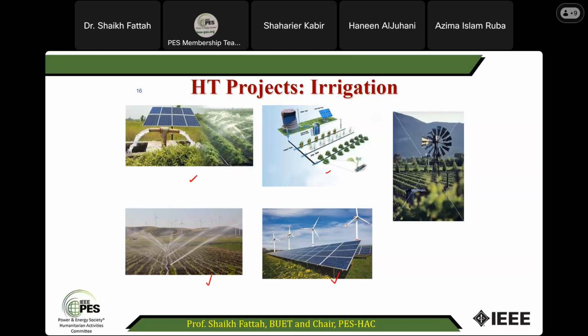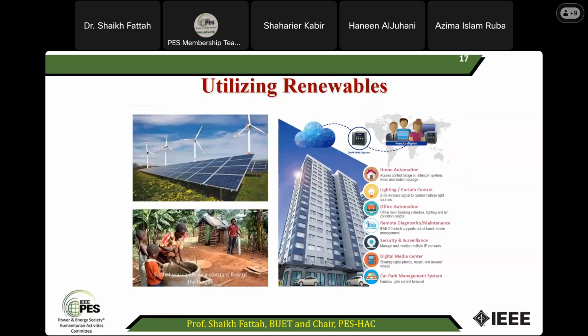So solar, wind, they are being used a lot. So smart building management system is also now a different aspect. People are proposing projects relevant to smart management of this type of buildings or hospitals. And biofuels, this is another one.